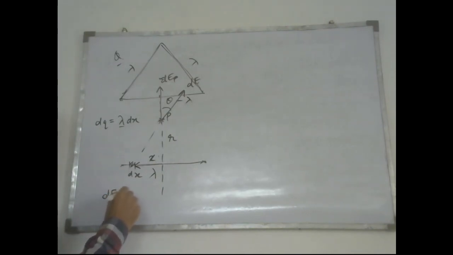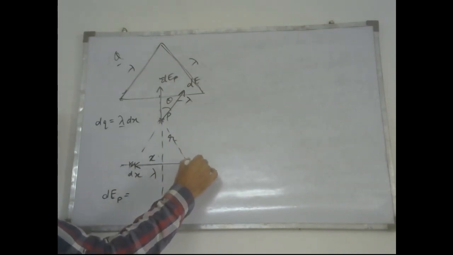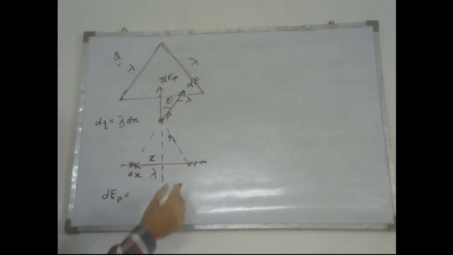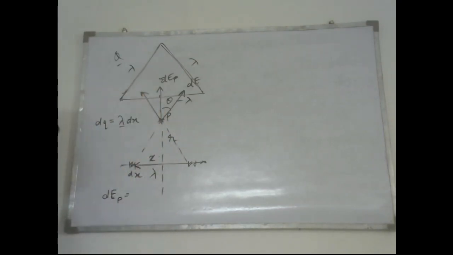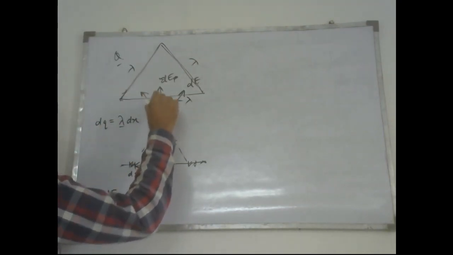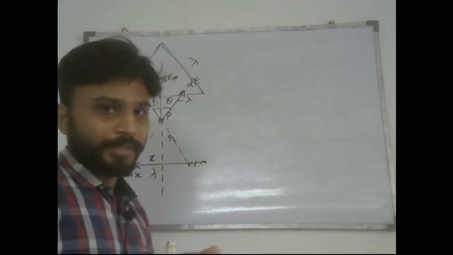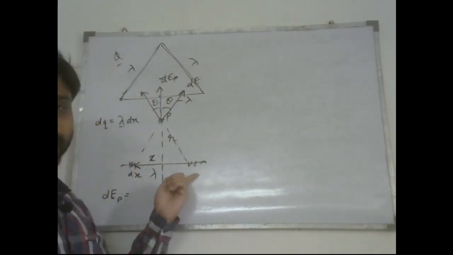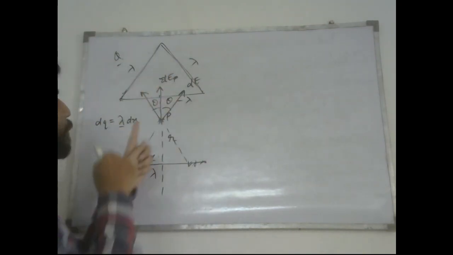If I take one more symmetrical component over here, the field due to that component would also be like this, radially outward, and both these components would actually add up. So we are taking the electric field due to two components, one this component, another this component.